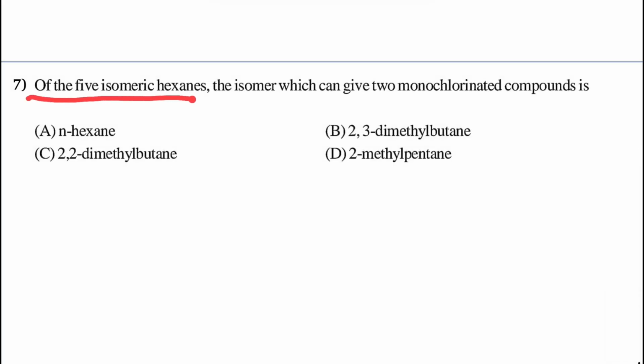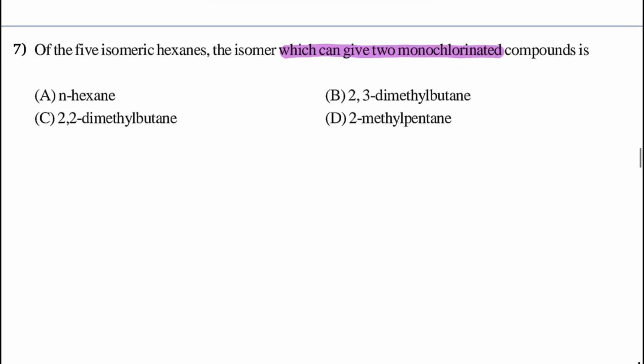Of the 5 isomeric hexanes, the isomer which can give 2 monochlorinated compounds. Let us take up the first option, n-hexane. Totally 6 carbon atoms are present.